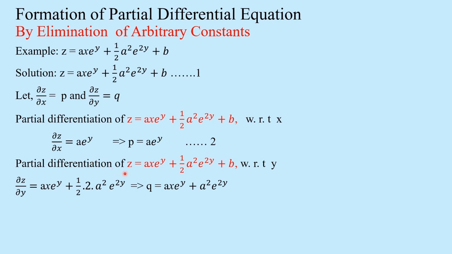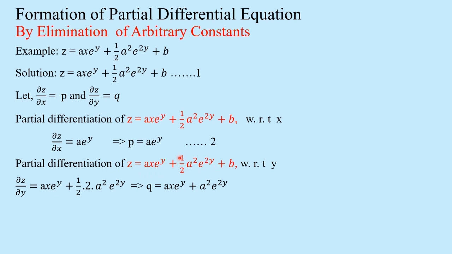Partial differentiation of this term with respect to y, z will become dou z by dou y. Here in this, a and x will be considered as constants because we are differentiating with respect to y. Differentiation of e to the power y is e to the power y. So we get a x e to the power y.